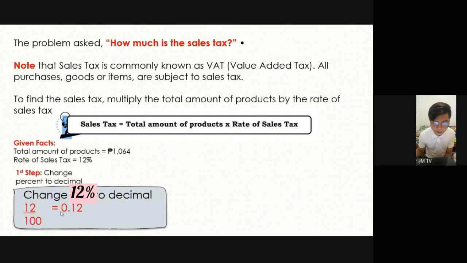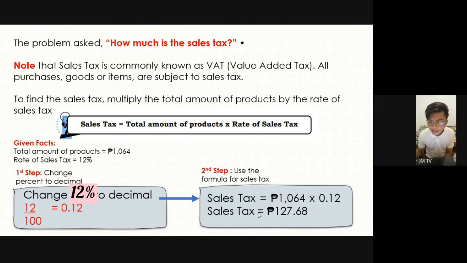So that's gonna be 0.12. So this is the decimal. Now, gamitin natin yung formula. Sales tax is equals to yung total amount ng products ay 1,064 pesos times 0.12. That's the decimal form. So sales tax is equals to 127.68.